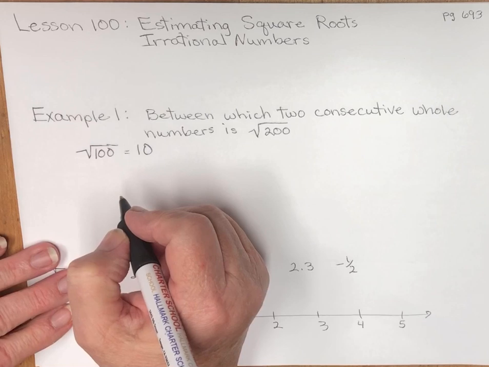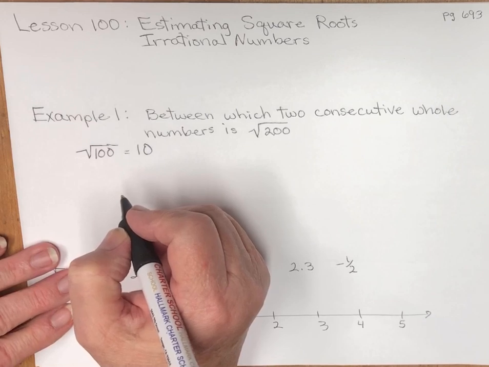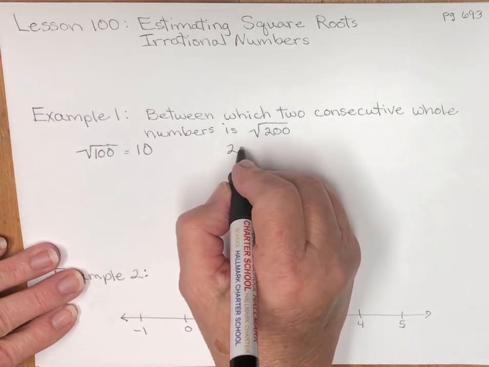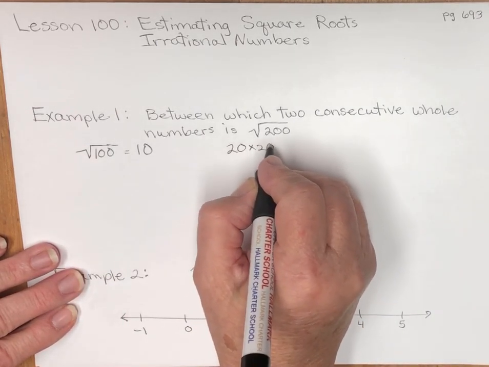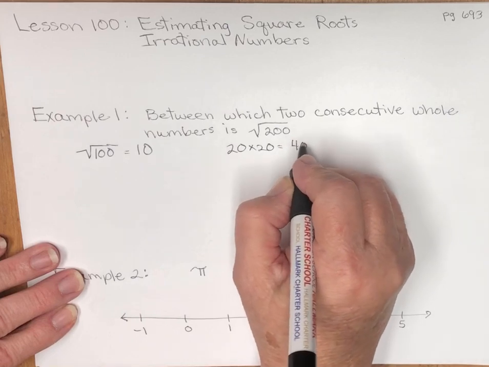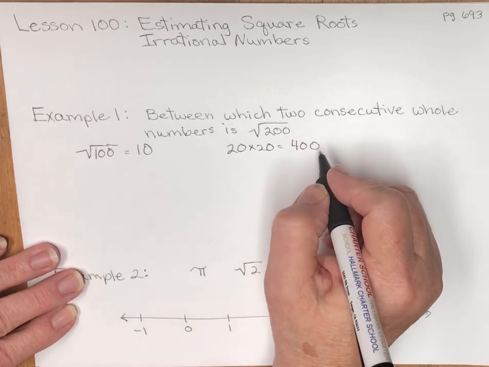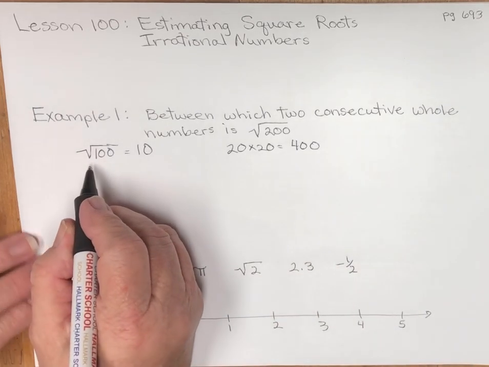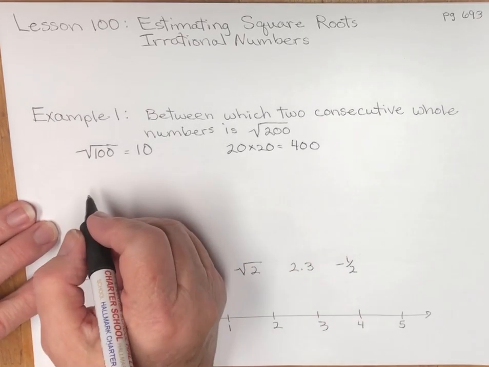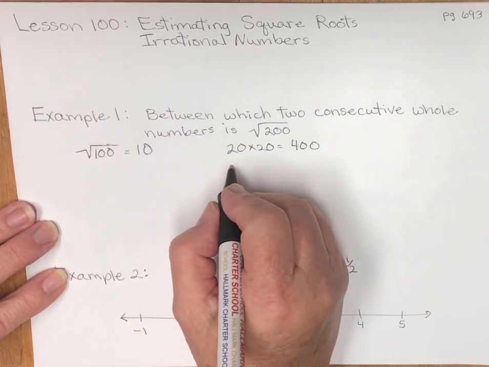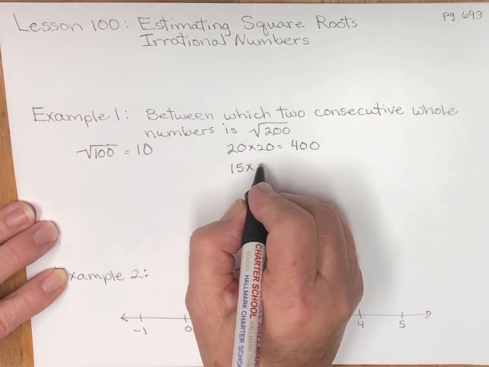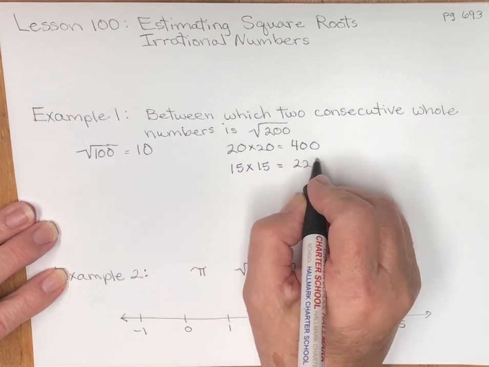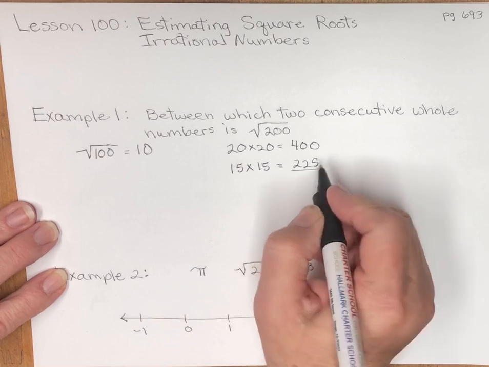So we might guess that the square root of 200 is 20, but if you check it, 20 times 20 is going to be 400. That's way too big. That's not the number. So now we have to guess somewhere between 10 and 20, and your book has you guess 15. So 15 times 15 is going to equal 225. Well, that's still too large.